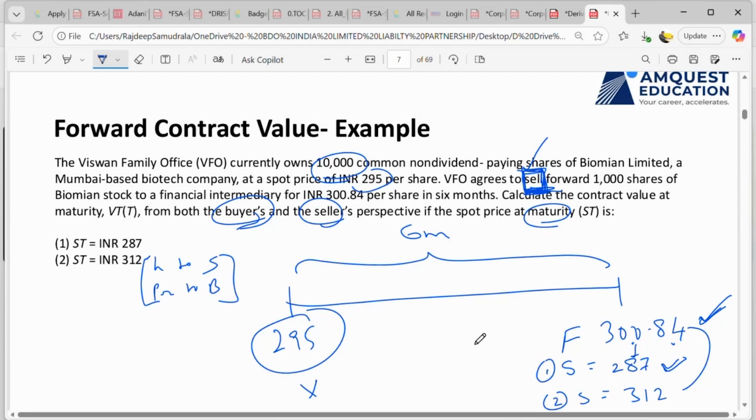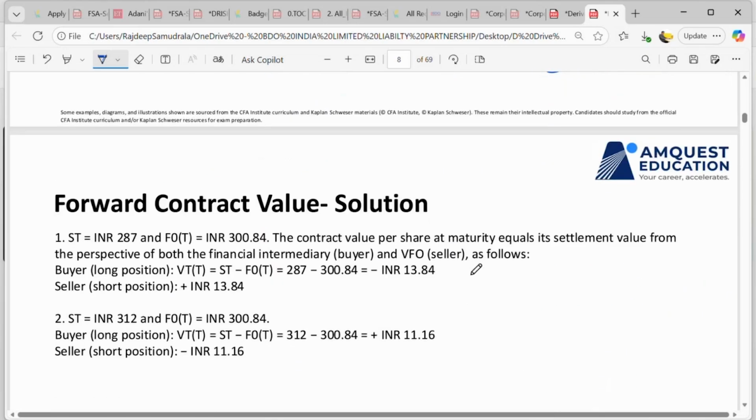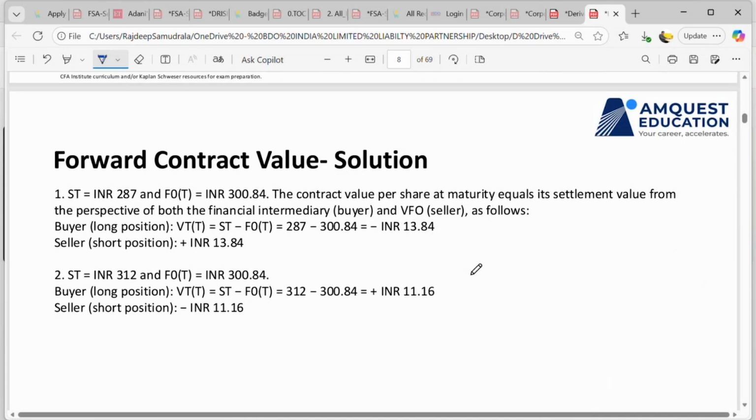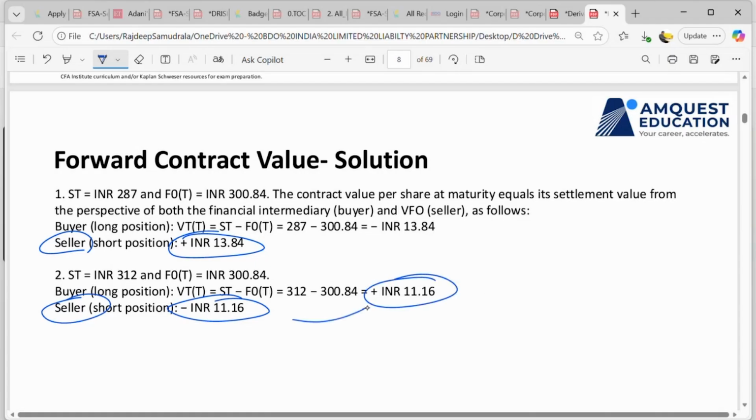Good. So this is obviously very simple, where I'm giving a fast sum to find out value. Seller had a profit in the first scenario and a loss in the second scenario. What you notice is the profit equals the loss.